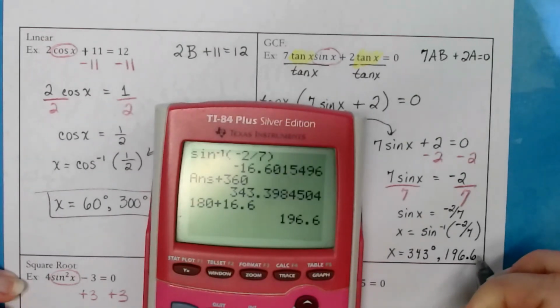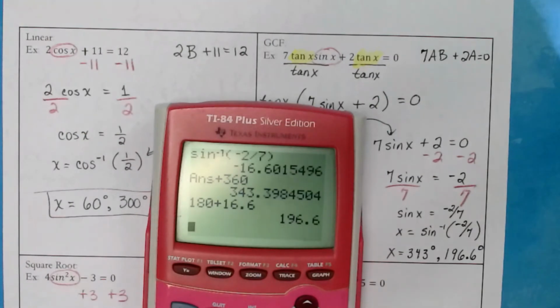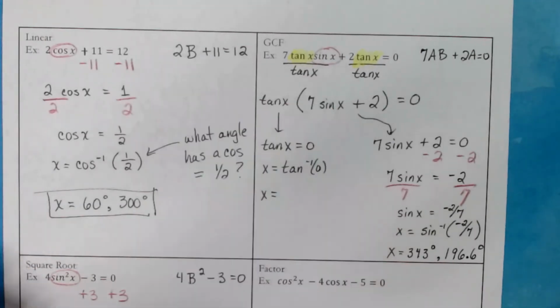Oh, we should have rounded. That's 197. I'm going to leave it as 196.6. Okay? So, I might have to do some adding or subtracting, go back to my coterminal angles to get it if I use the calculator. And we have to pay attention to that.